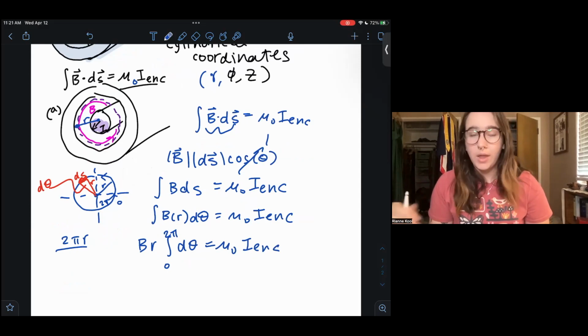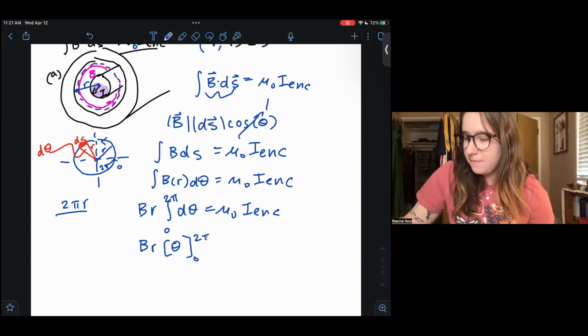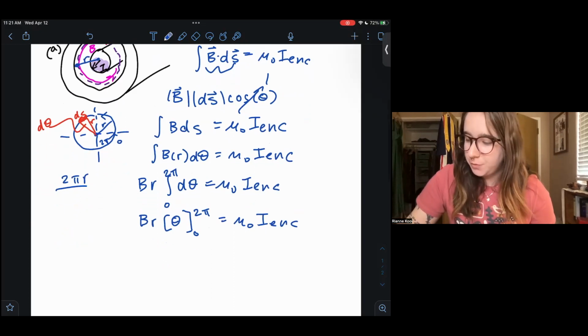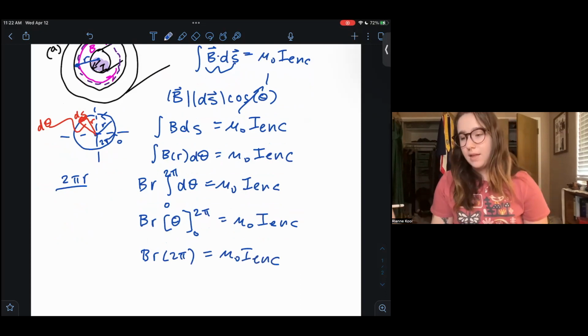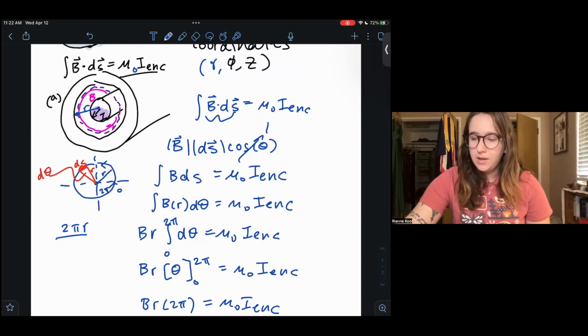So now all that I have to do is integrate over d theta. And that gives me B r theta from 0 to 2 pi equals mu naught I enclosed. And so now we are just left with B r times 2 pi equals mu naught I enclosed. Now, what is our I enclosed? If we look at our Amperian loop, all that we are showing is this I right here that I highlighted in purple.